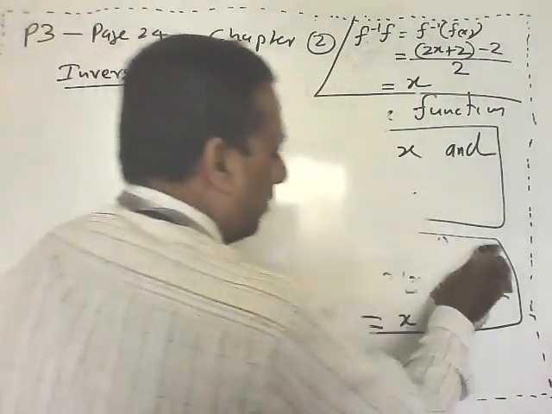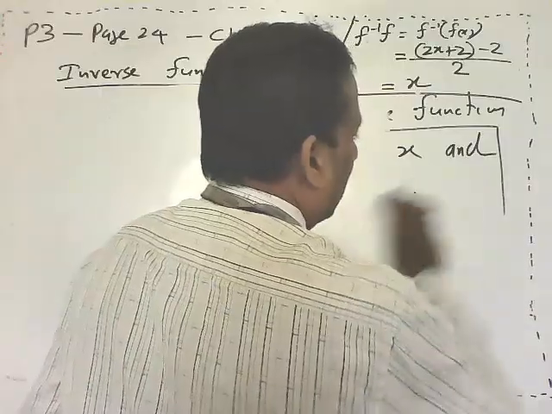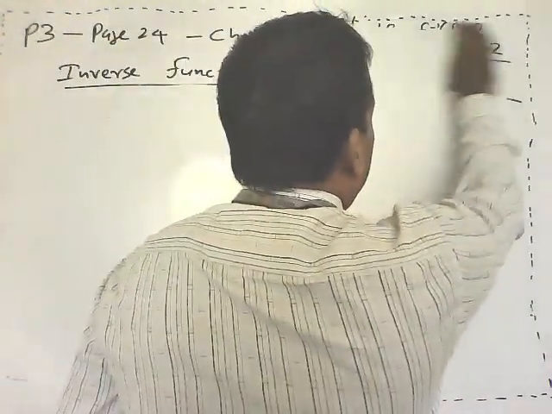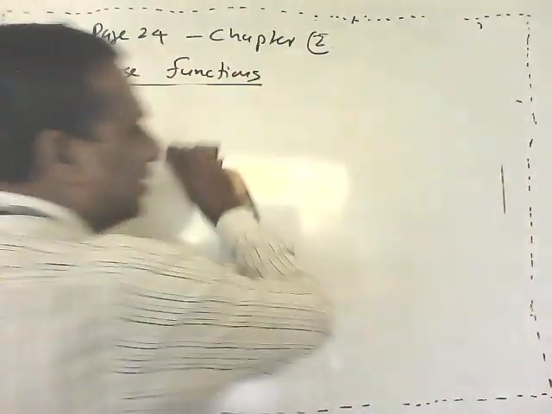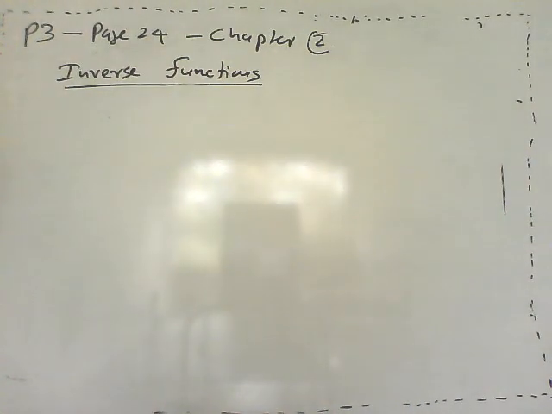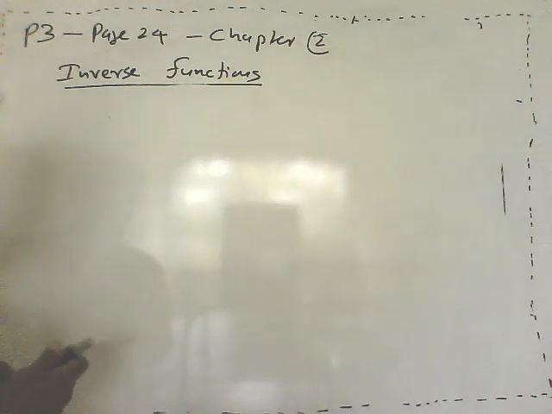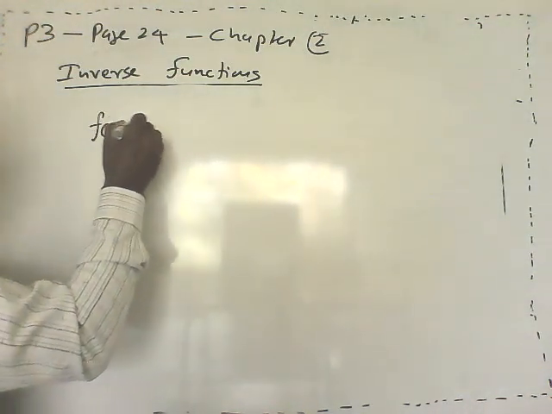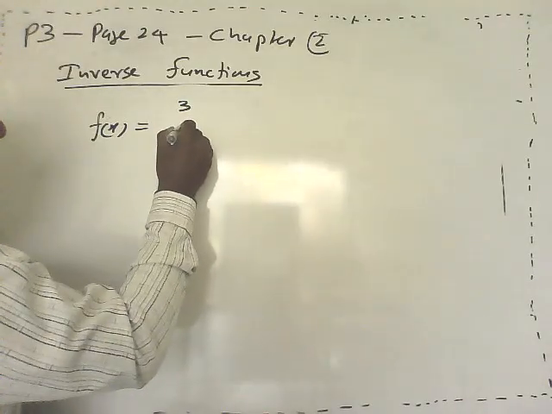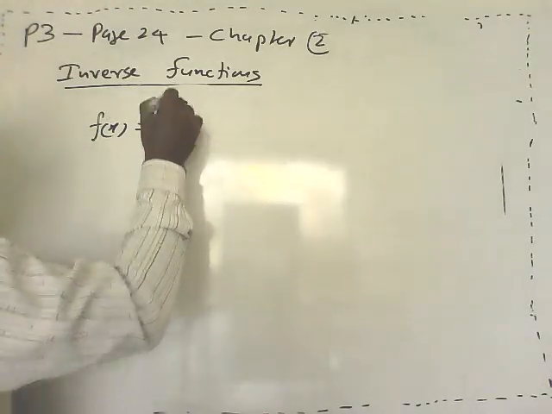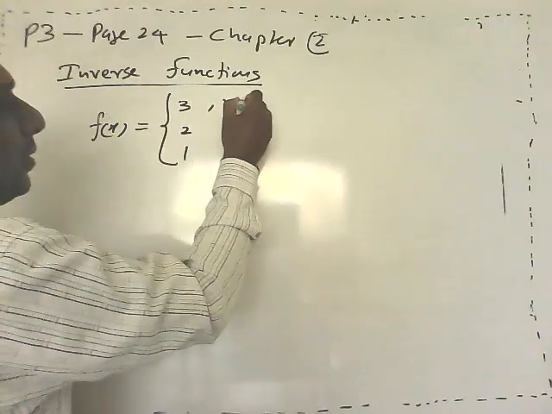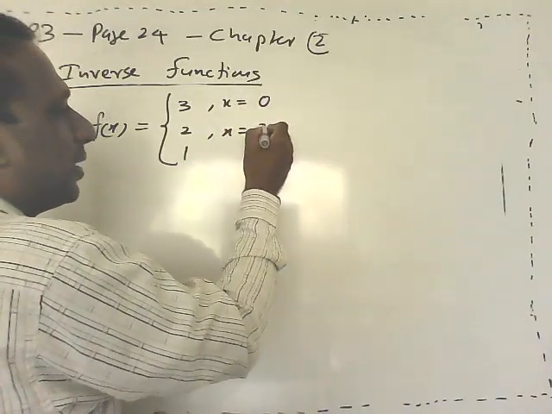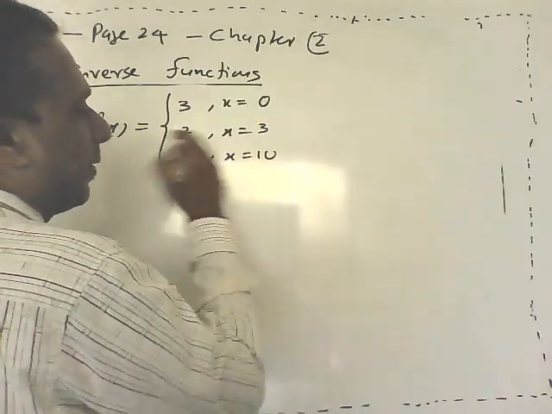If you take a graph or the Cartesian plane, how will f inverse look? For example, we will just take a small definition. f(x) is equal to 3, 2, 1, when x is equal to 0, x is equal to 3 and x is equal to 10.